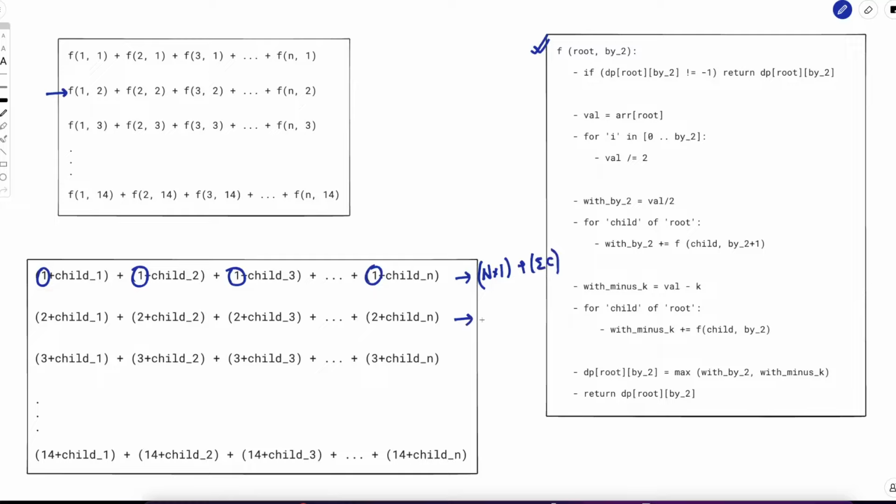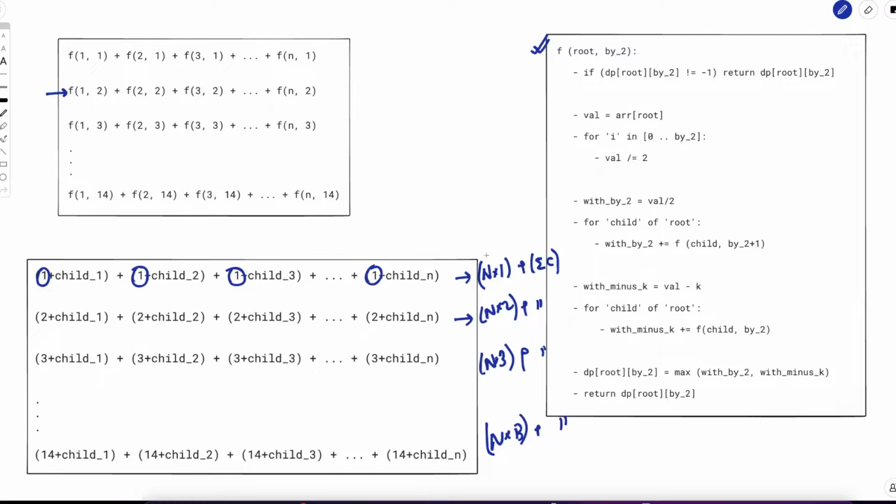In the similar fashion, this will be n into 2 plus summation of children, n into 3 plus summation of children, and then n into b finally, plus summation of children.